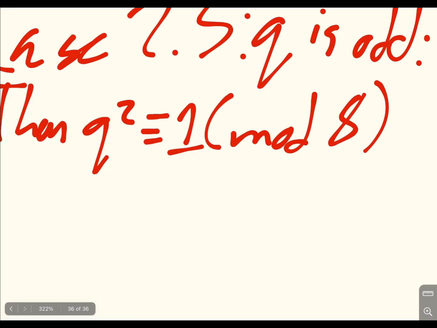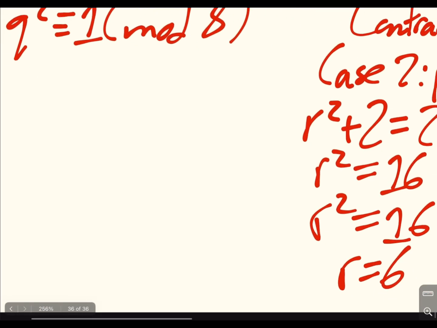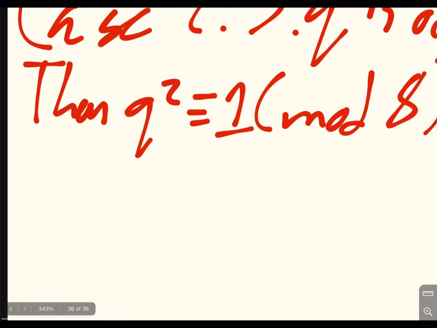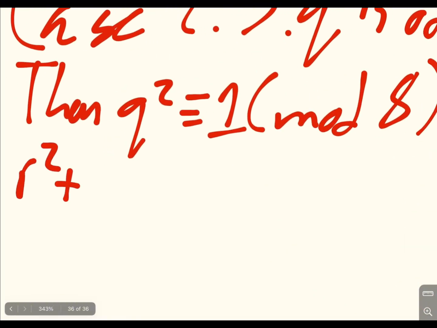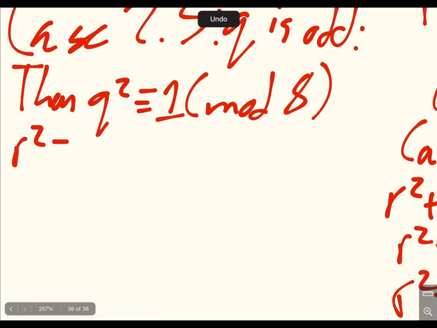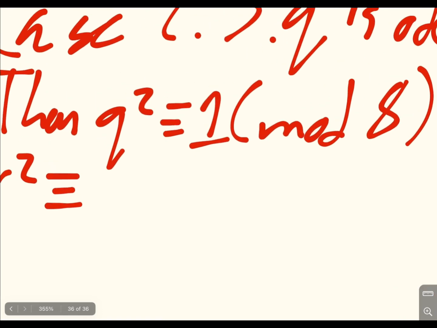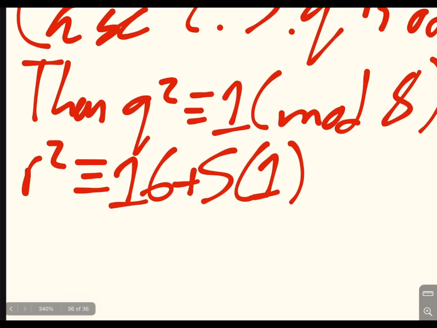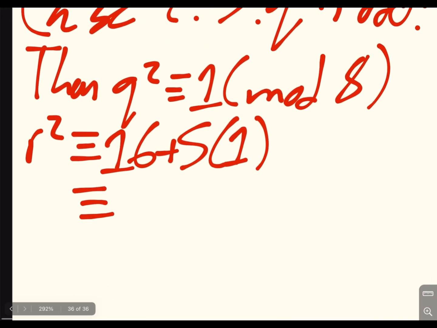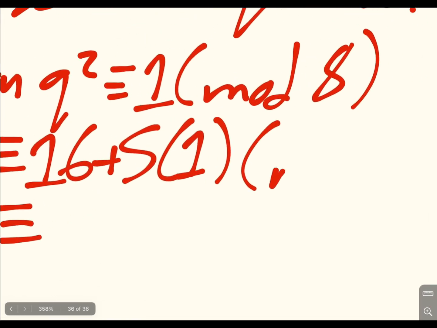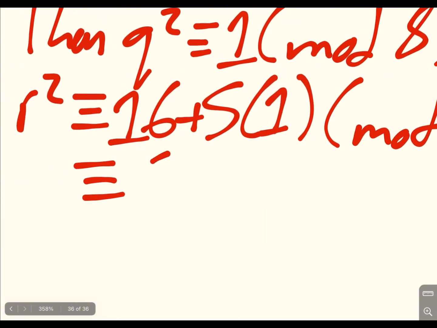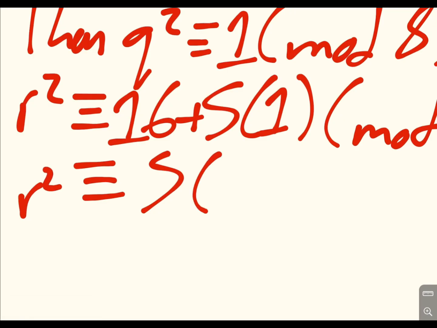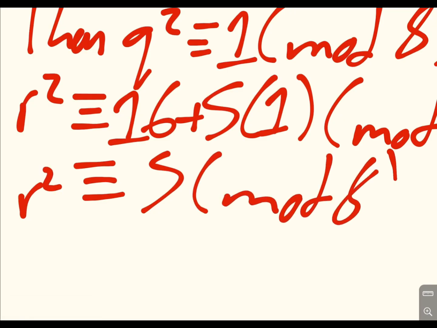And then this is going to mean that r squared is going to be equal to 16 plus 5 times 1, which is just going to be, forgot to write mod 8 here, 16 is just 0 mod 8, so this is going to be equal to 5 mod 8, which is another contradiction.